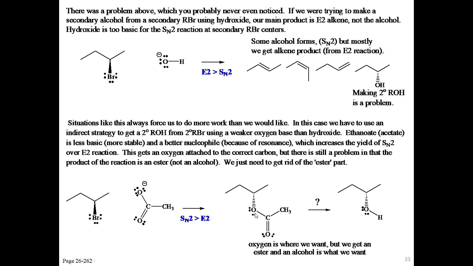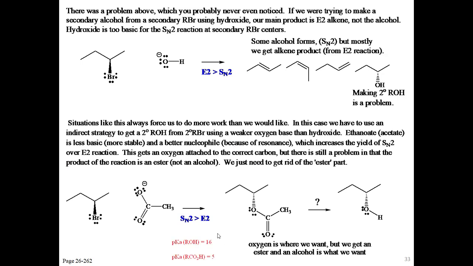This is good in that it gets the oxygen onto that carbon, which is what we want up here with the alcohol. However, this is not an alcohol, this is an ester. An ester may be a great product for some reactions, but in this case we want the alcohol. So we need a way to clip off this part right here, and we do have a way. There's more than one way, but we'll just take a look at one on the next slide.